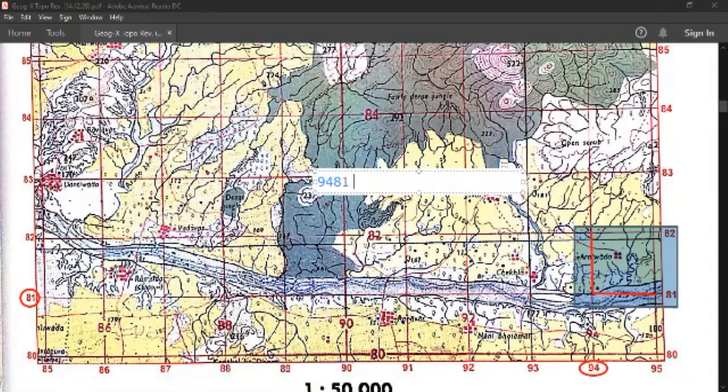All of you please note down that to mention the four-figure grid reference, first we write the easting value and then the northing value. Clear?